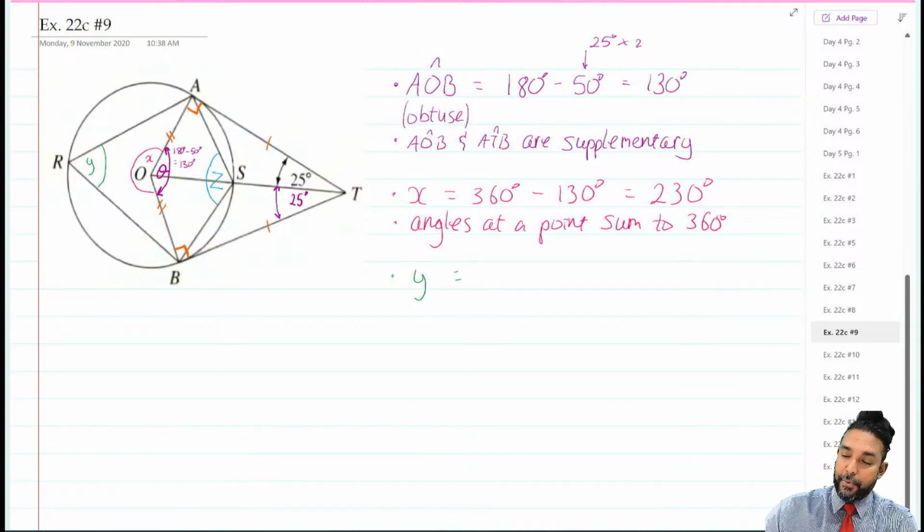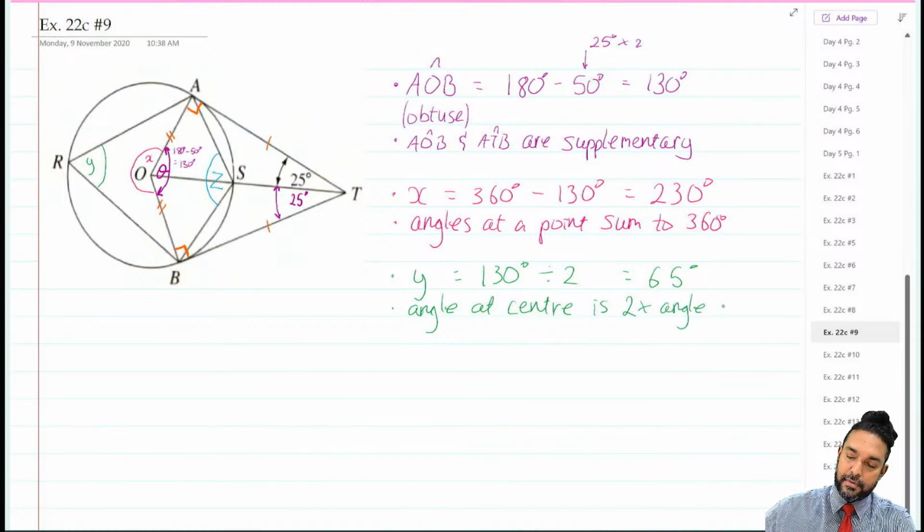So if you want to reverse it, to find y, we have to take the 130 and then divide by 2. That'll give us 65 degrees. And the reason here is because angle at center is double or 2 times angle at circumference.